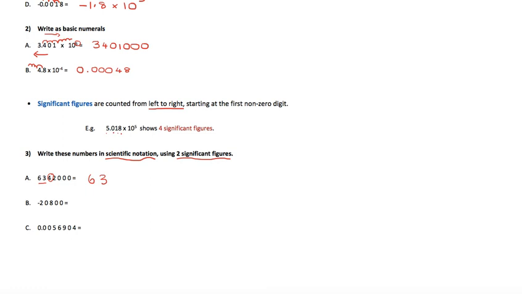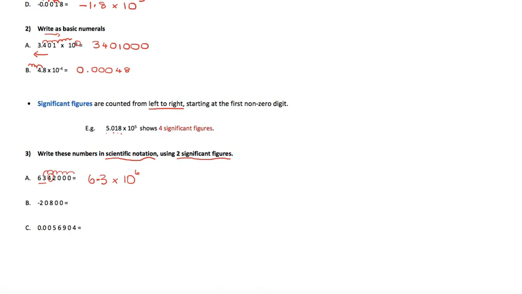However, I need to present that as a number between 1 and 10, so I put the decimal point there, times 10 to the power of 1, 2, 3, 4, 5, 6. So it is similar, obviously, to scientific notation. However, we've got an extra step here. We are giving it to 2 significant figures.